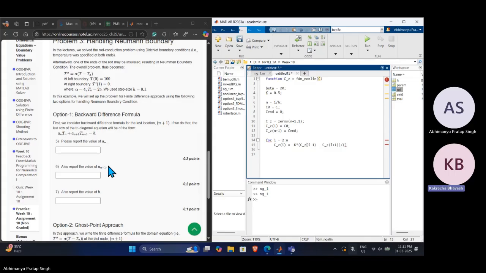Problem 3, in that problem the linear form of equation is given.